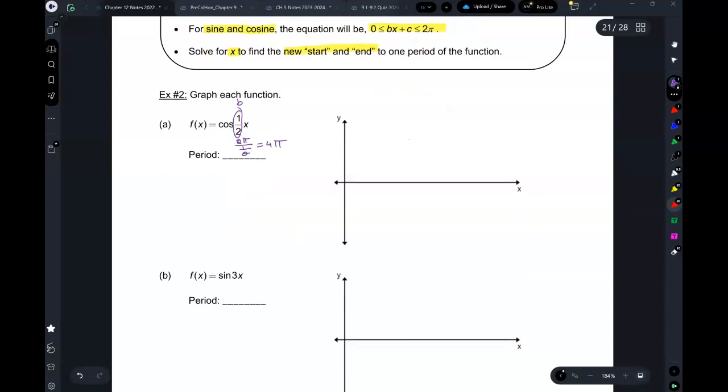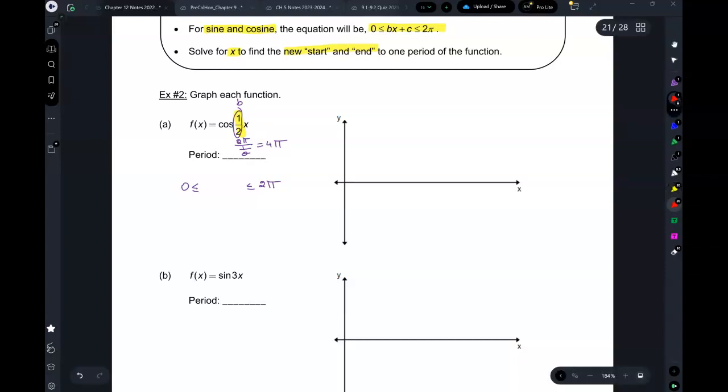Okay, so here's what you do. Oh my God, I love these. Okay, so you go 0, less than or equal to, and then less than or equal to 2 pi. Why? Because the default sine and cosine always go from 0 to 2 pi. In here, you put the entire bx plus c, however much of it there is.